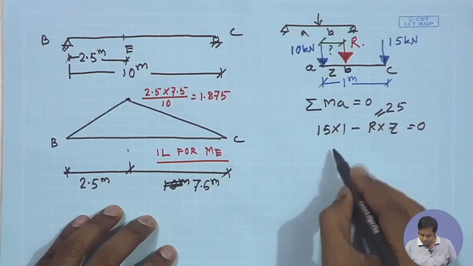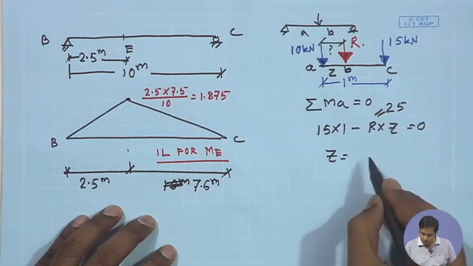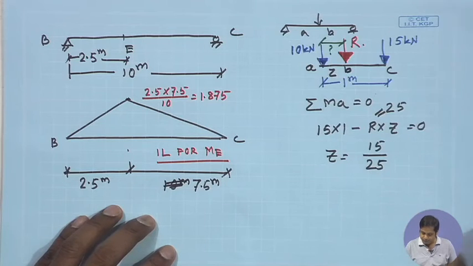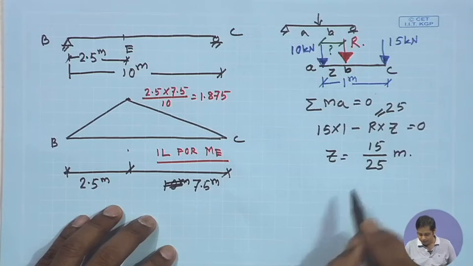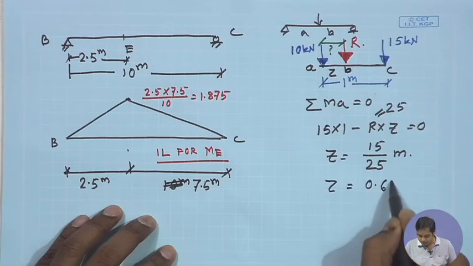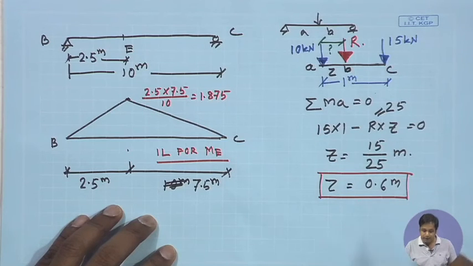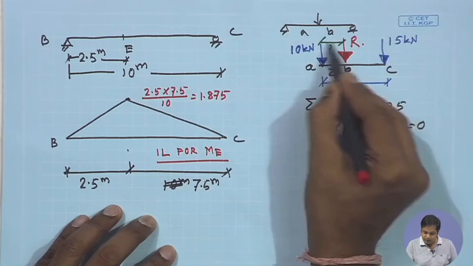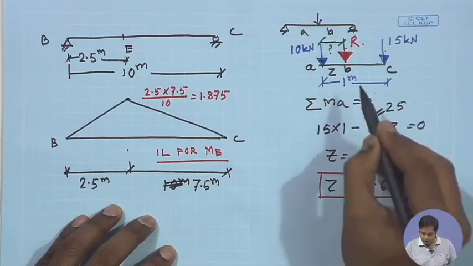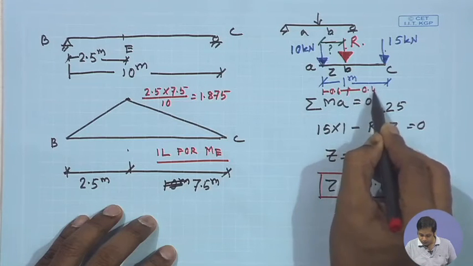So, Z becomes 15 by 25 meter. Z becomes 0.6 meter. So, this is 0.6 and therefore, this becomes 0.4 meter.